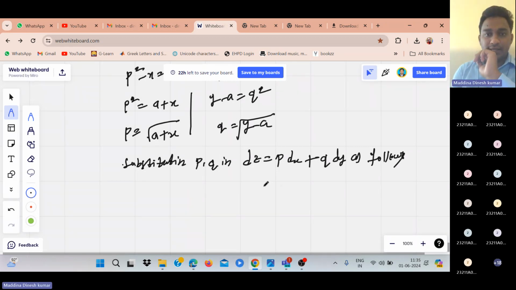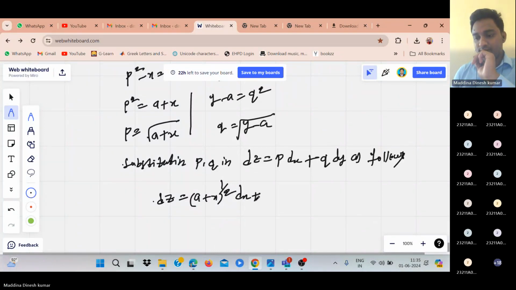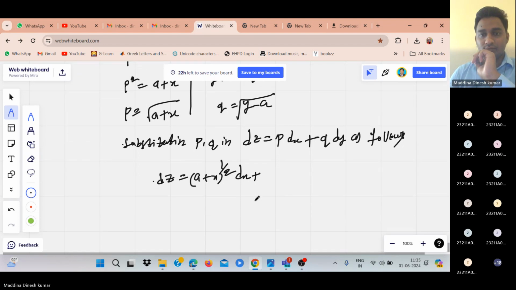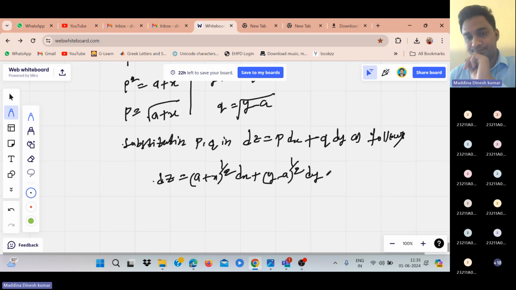Okay, so that is dz equal to, p is a plus x whole power 1 by 2 dx plus q is y minus a whole power 1 by 2 dy.